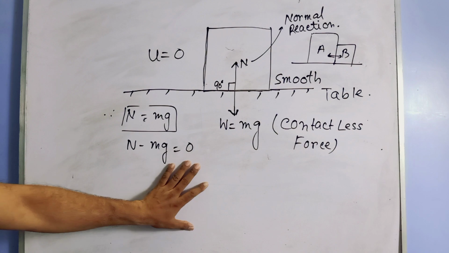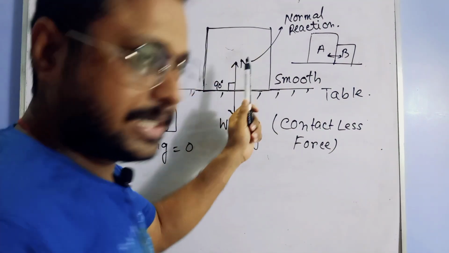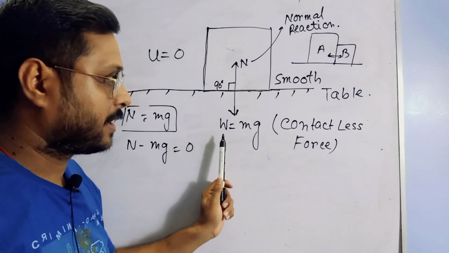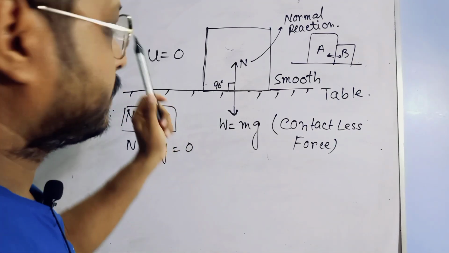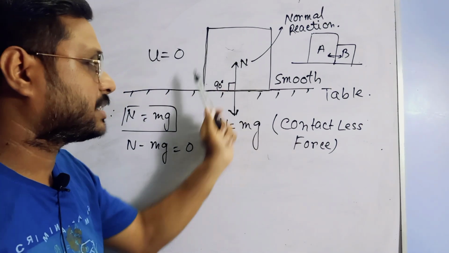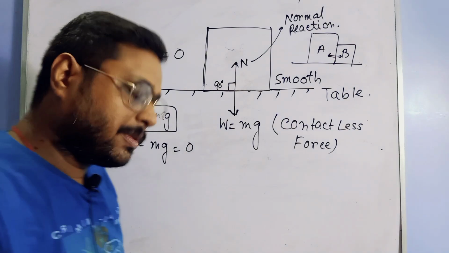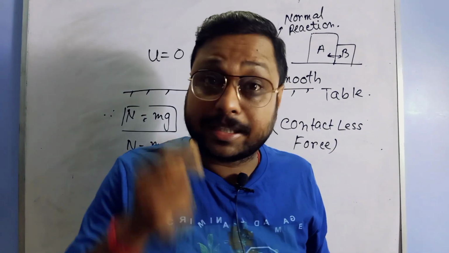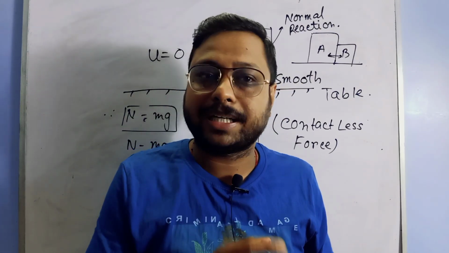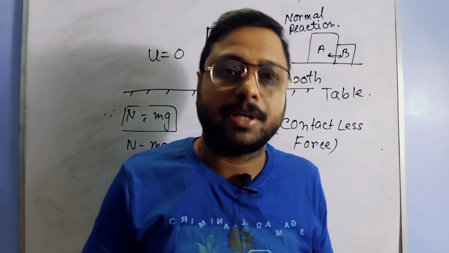So here two forces act, normal reaction and force due to gravity, or weight. But the particle is at rest because the resultant, or vector sum, of the forces is 0. That means forces may act on a particle, but its resultant should be 0, so that the particle is in equilibrium, that is, either at rest or moving with uniform velocity.